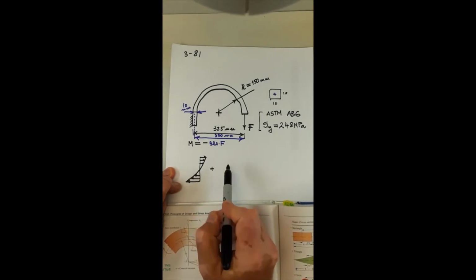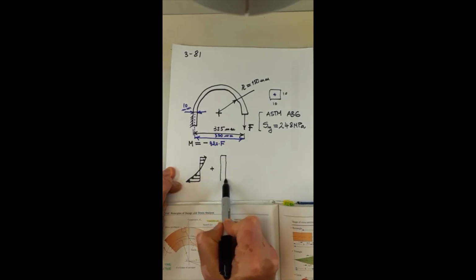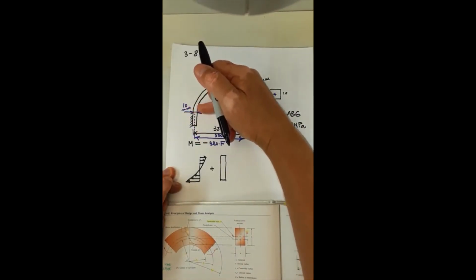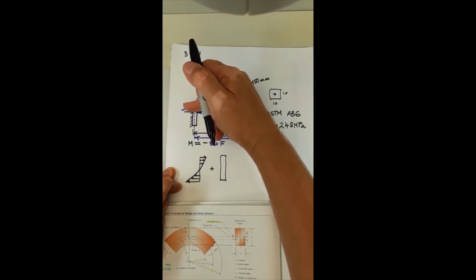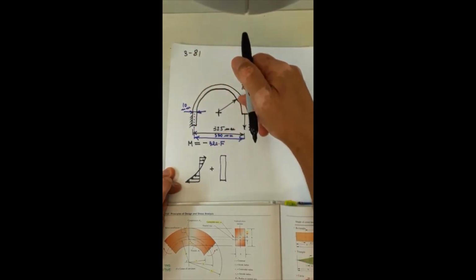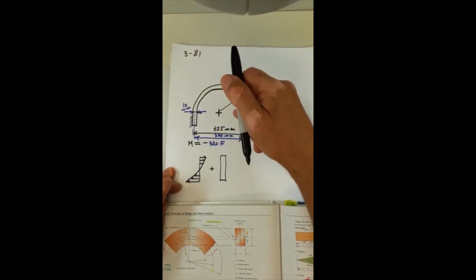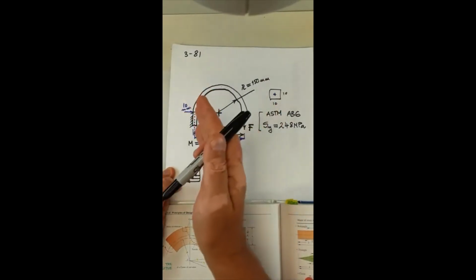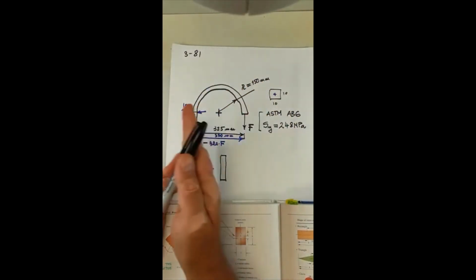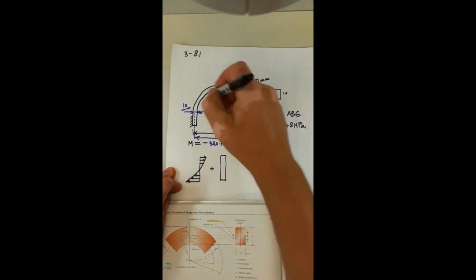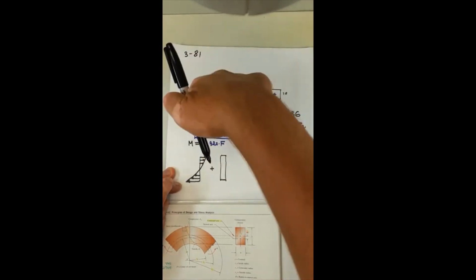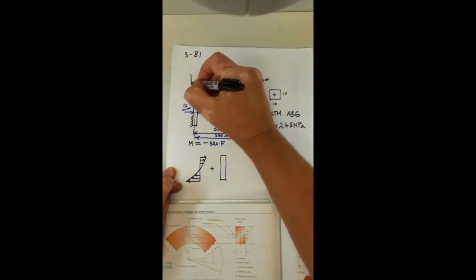And to this I said we're going to add a compressive stress caused by, if I do a free body diagram of this section where the curvature of the beam starts, this force causing direct compression, and because of this offset it is also going to cause bending.